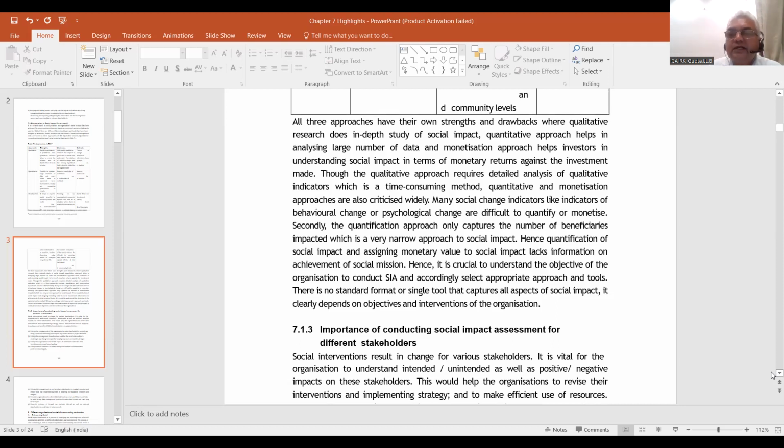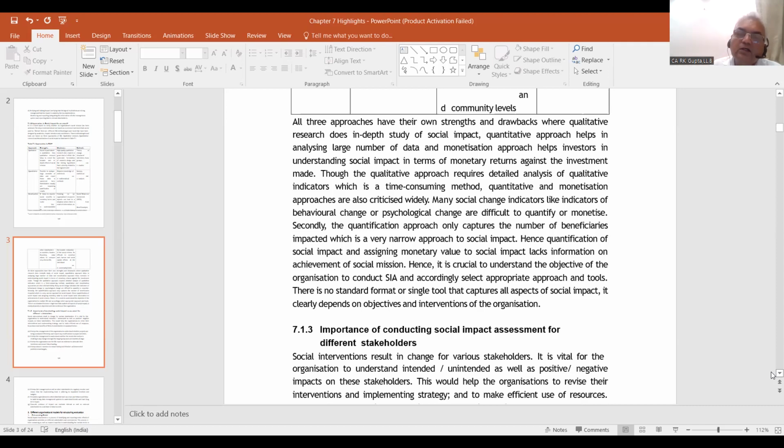Hence, it is crucial to understand the objective of the organization conducting the social impact assessment and accordingly select the appropriate approach and tools. So there is no standard format or single tool that captures all the aspects of social impact. It clearly depends on the objectives and interventions of the organization.